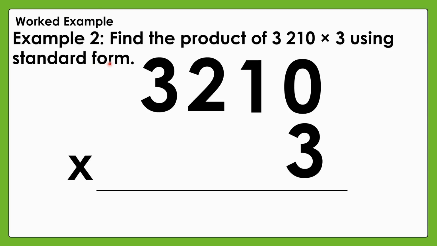Example number 2, find the product of 3,210 times 3 using standard form.